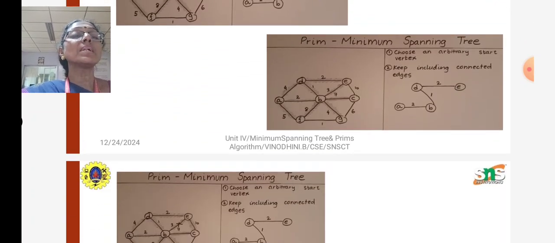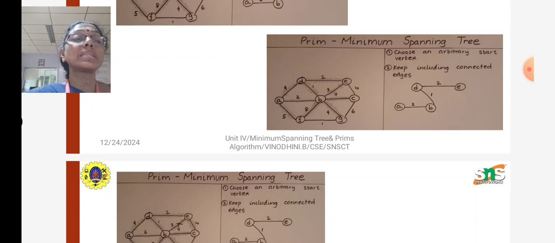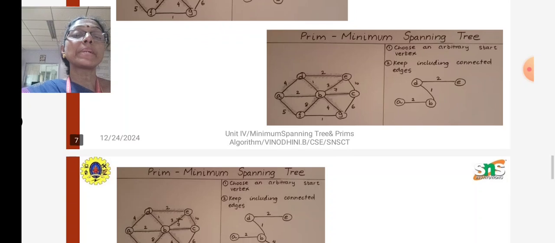From vertex B again select the adjacent vertices, select the minimum one and add it to the tree. Repeat the steps until we have visited all the vertices. While visiting vertices, we should not form any cycle. That should be considered in the minimum spanning tree.